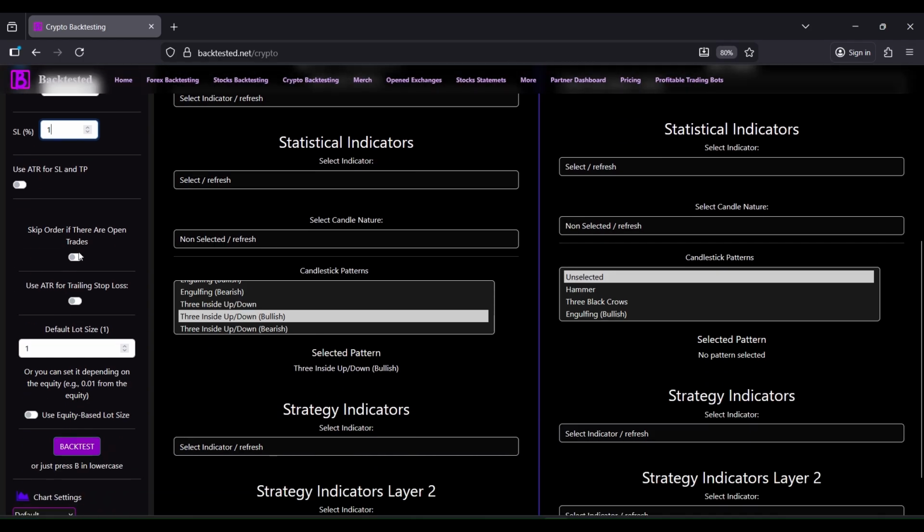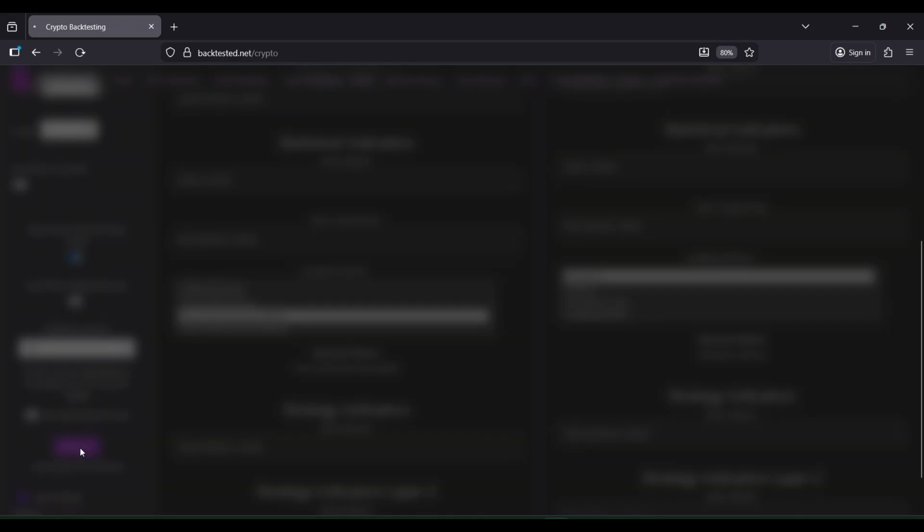Skip order if there are open trades. What this does is basically avoids opening multiple trades in the same time. And then for the side I'll select 10, and let's just set it to 100, and then click the backtest button. Wait a few seconds and you will see the stats.